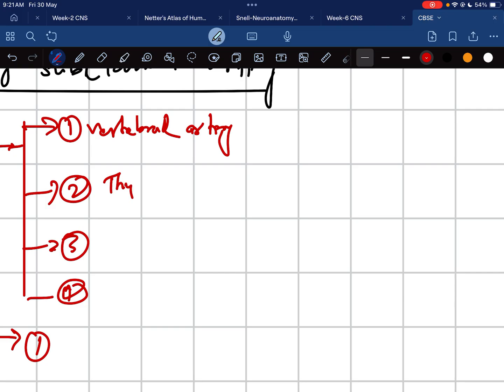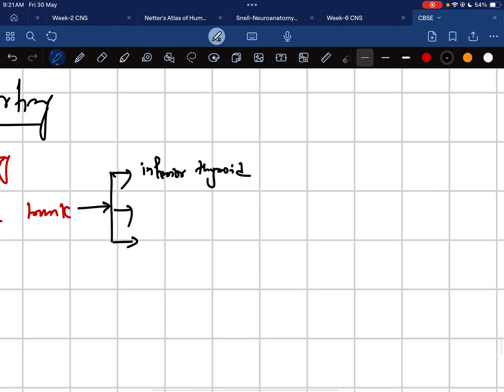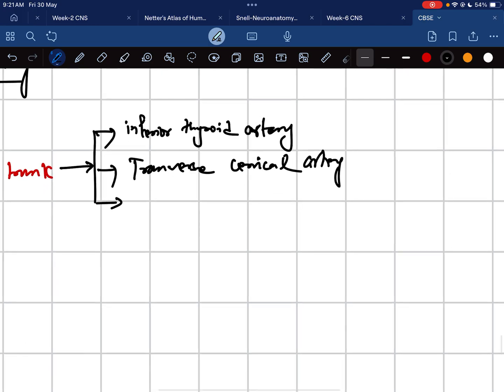Then there is the thyrocervical trunk, and each thyrocervical trunk gives other branches: the inferior thyroid artery, then the transverse cervical artery, then the suprascapular artery.